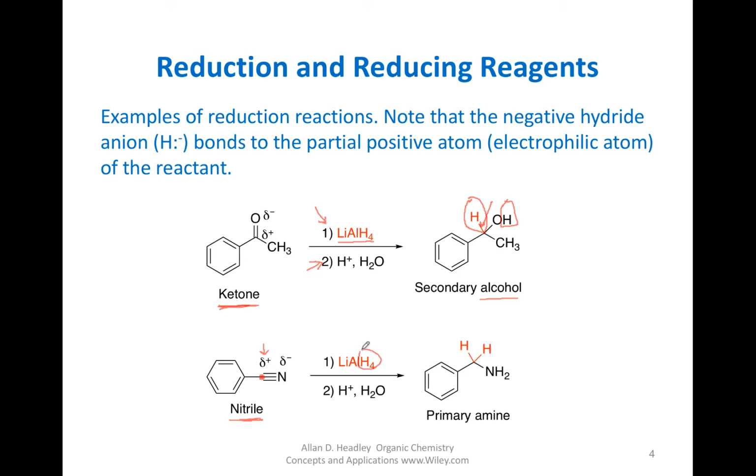Lithium aluminum hydride is H negative. So therefore these electrons here will react with this carbon as shown here to form an imine, and of course that also has the possibility of being reduced with a second mole of lithium aluminum hydride.